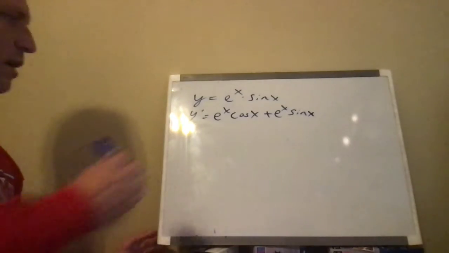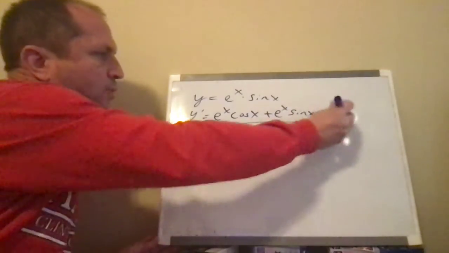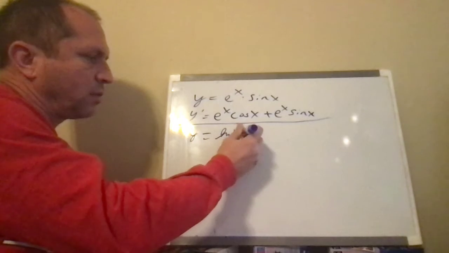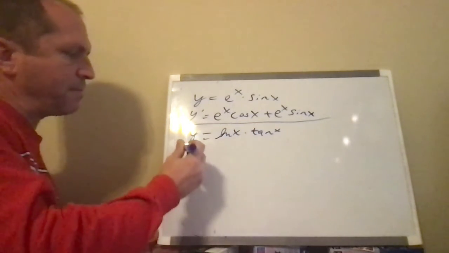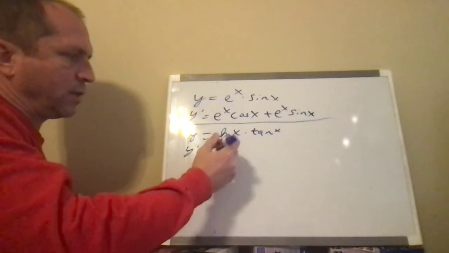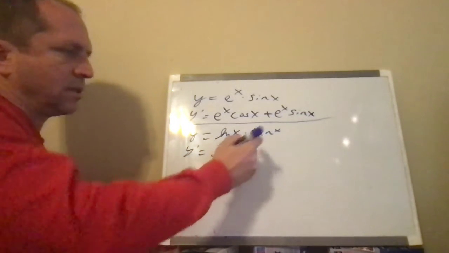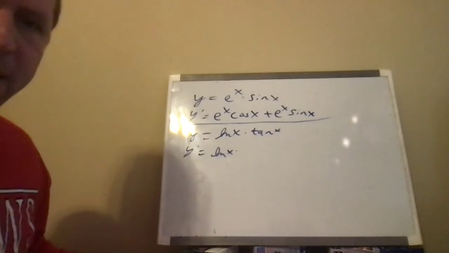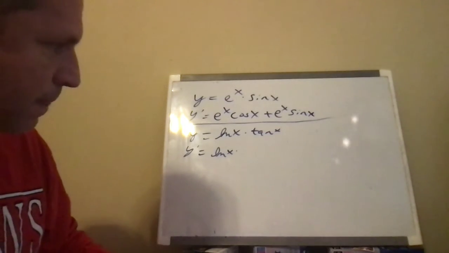All right, let's look at another one. The more practice we get, the better. Let's look at y equals the natural log of x times the tangent of x. Here y prime is going to equal the first term, natural log of x, times the derivative of the second term. What is the derivative of tangent of x? If you have to look back through your notes, that's fine.